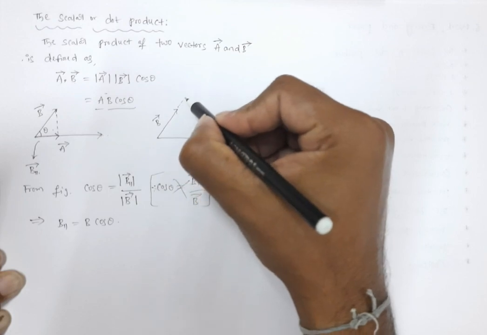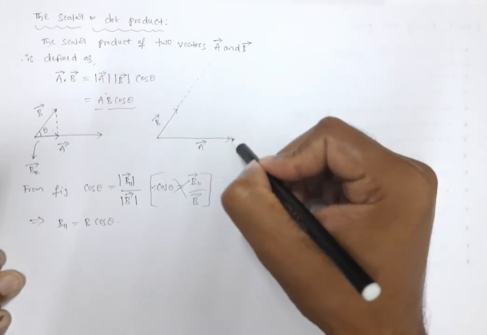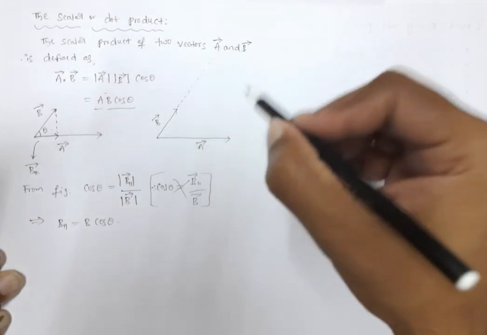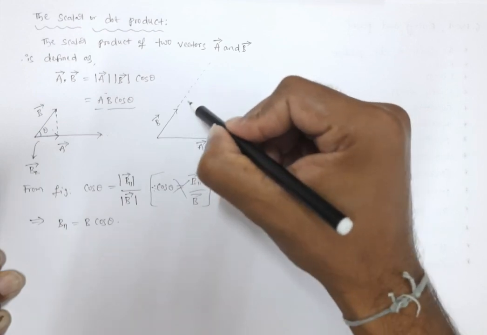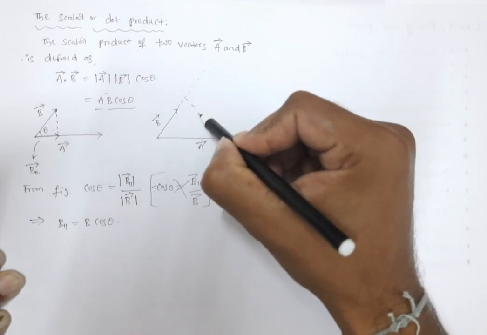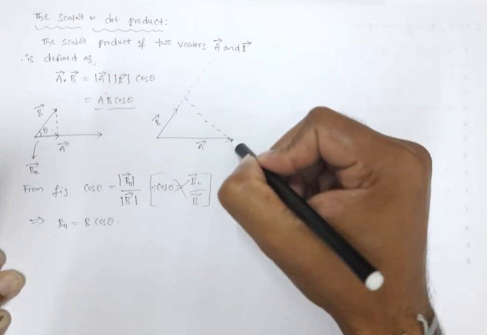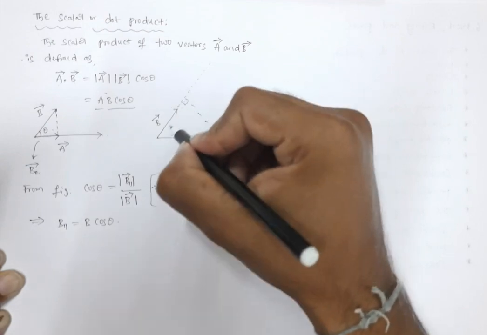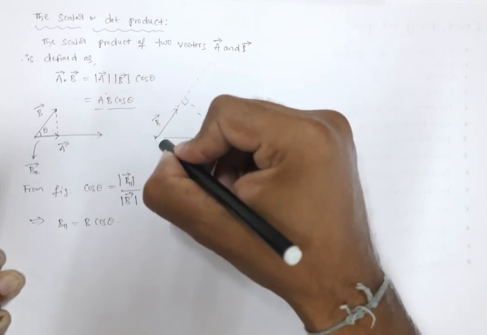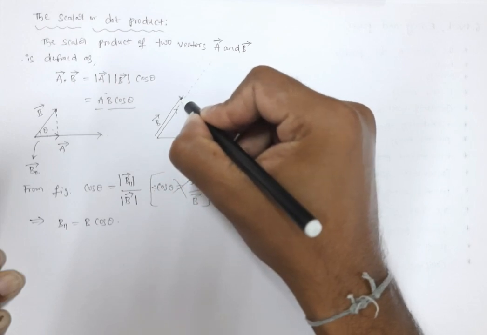Simply we extend this one. Now we draw a perpendicular from here to here. Here the angle must be equal to 90 degrees. Now this is A bar, and this is 90 degrees we have. From here to here we draw a vector.